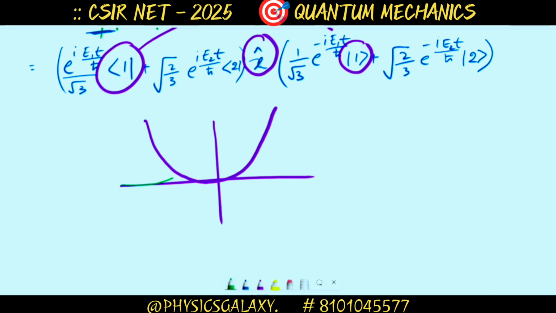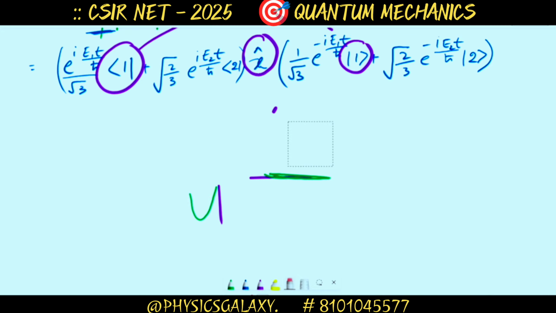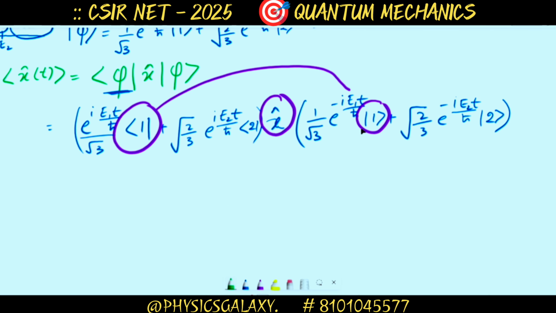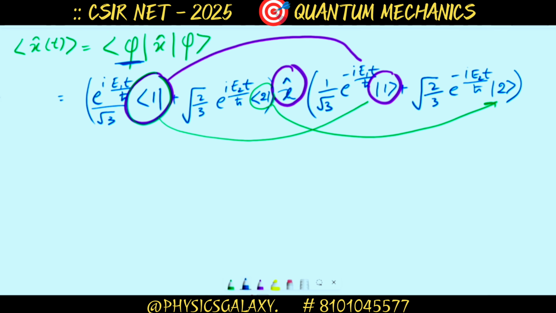The first function is an even function, the second function is an odd function, and so on. So I have even, odd, even, odd. So this will cancel out with this. Similarly, 2 will cancel out with 2. The only remaining terms will be the off-diagonal terms, which are 1 with 2.